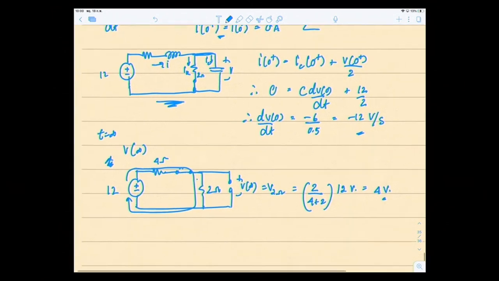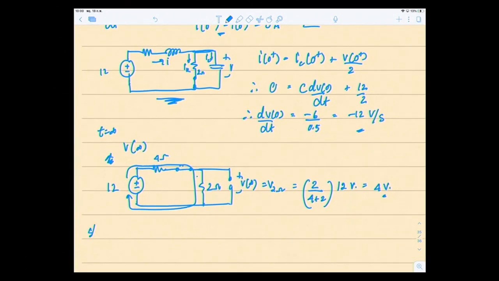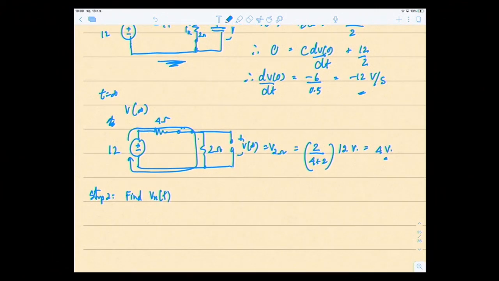Then step 2, we just did step 1, no? Step 2, we have to find the natural response, Vn of t. So let's draw the picture again.